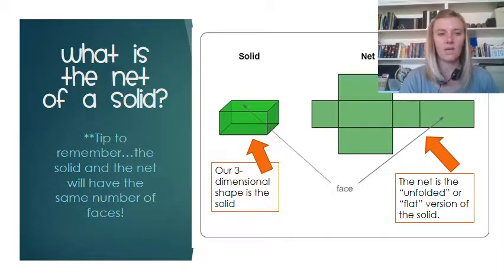A tip for using the net is to count all the faces. This net is going to have the same number and same size of faces as the solid does. But a net can also help you with the area. You can label each face of your net and make sure that you find the area of each one.